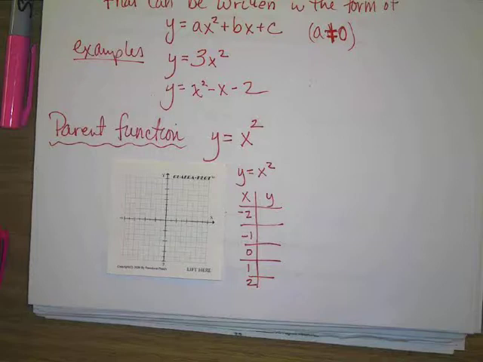So we're going to figure out what this looks like. And the parent function is always going to look like this for a quadratic function. So let's put in a -2.